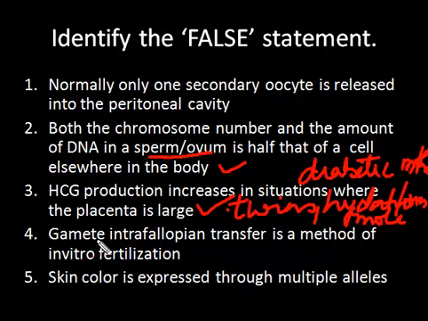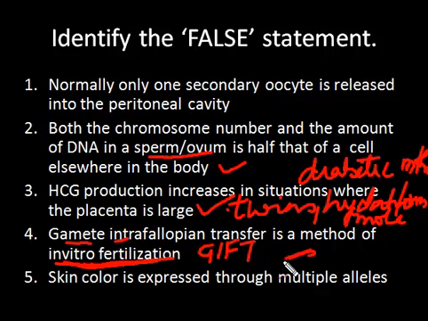Let's look at this fourth statement, which says gamete intrafallopian transfer, and this is called gift technique, is a method of in vitro fertilization. Now, in vitro fertilization means where there is fertilization outside the body. Now, in gamete intrafallopian transfer, read the words carefully. It says gametes are transferred into the fallopian tube.